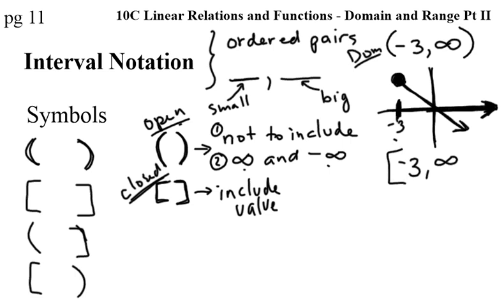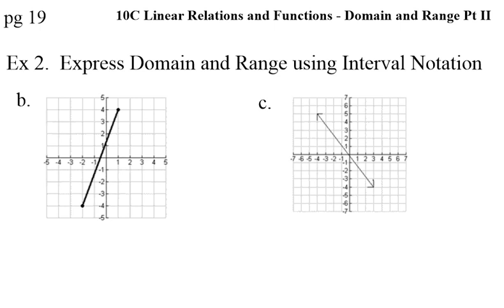We would put a square bracket, closed, because we know specifically, but where's our right wall? It's still going to infinity, so we would put a round bracket. So a much quicker way, we're still identifying from where to where on the axes we're using, but a little bit different symbolism.